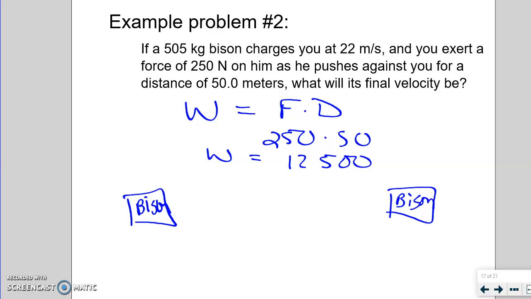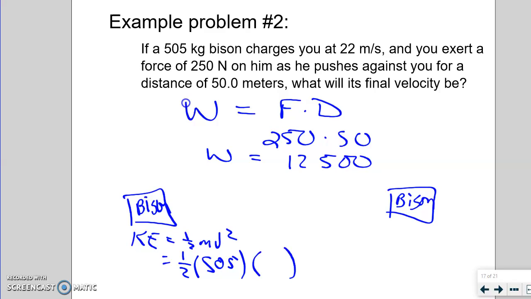And so what we do know is what his total energy was before. His total energy before was 1/2 mv squared, which is going to be 1/2 times his mass, which is 505, times his velocity, which is 22, and then we're going to square that velocity.